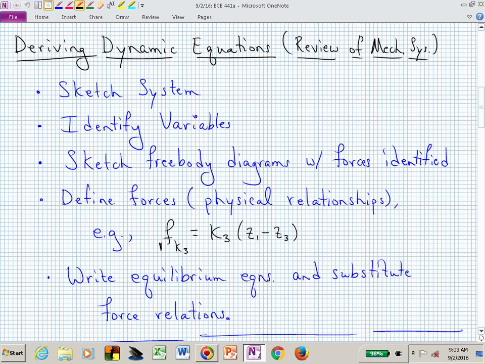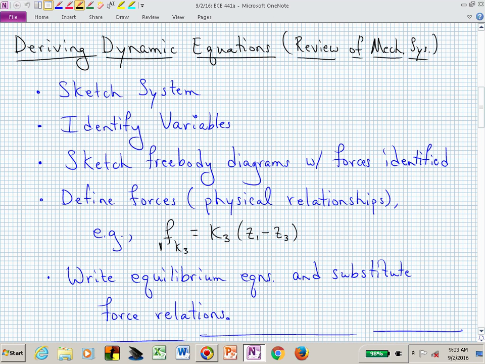Here's a quick outline of how you can derive equations for a mechanical system. First, you want to know what system you're playing with or trying to analyze. Sketching that helps. Then you identify the variables. You can then, for each of the different positions of interest, sketch the free body diagram.